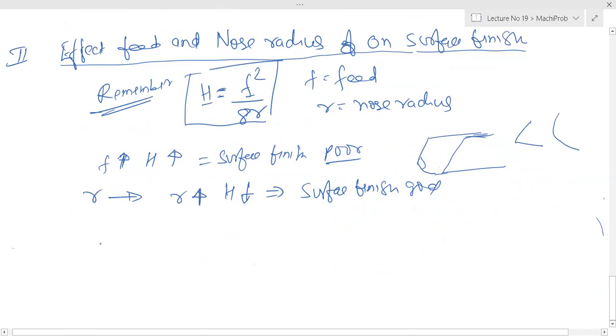And again, it also depends on the type of cutting fluid used.